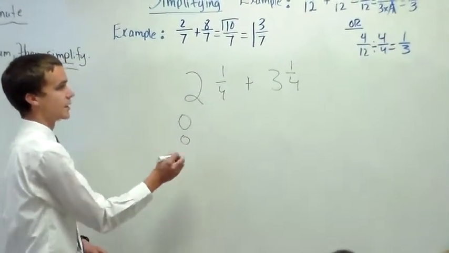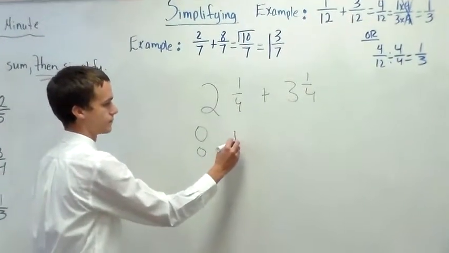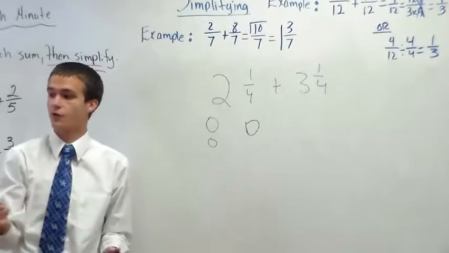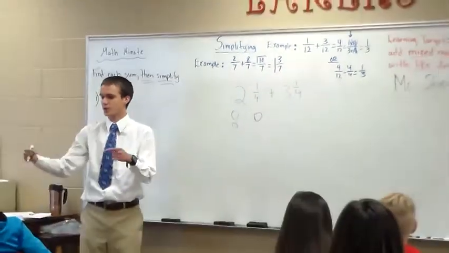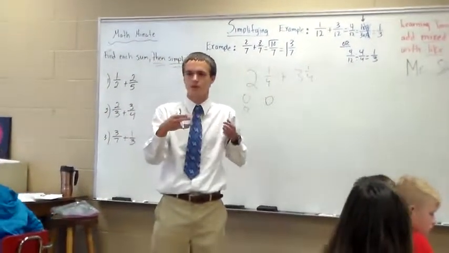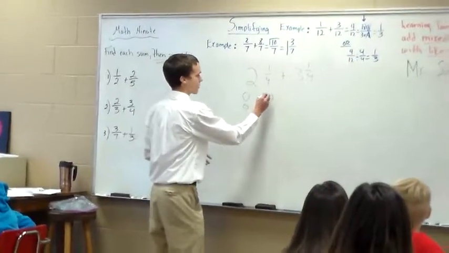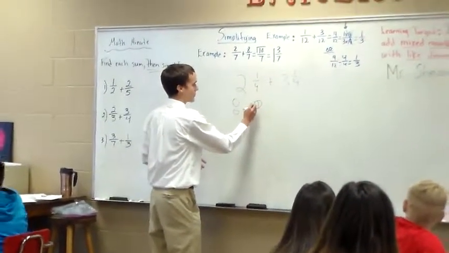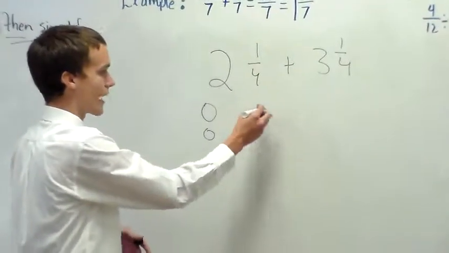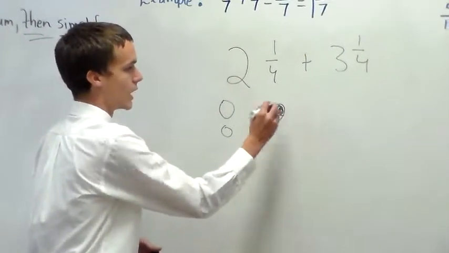So 2 circles, and then a fourth. I want you to draw another circle, and break open the fourth. If you need help, look at where your lines break on your fourths right now. You see how they go straight down the middle and then straight across? If you need help drawing, you can refer back to that. How many fourths will I need to cover out of 4? 1. So I want you to cover a fourth of that.